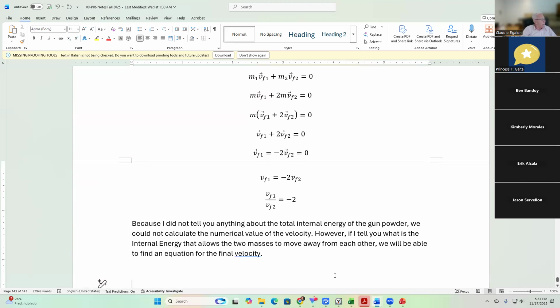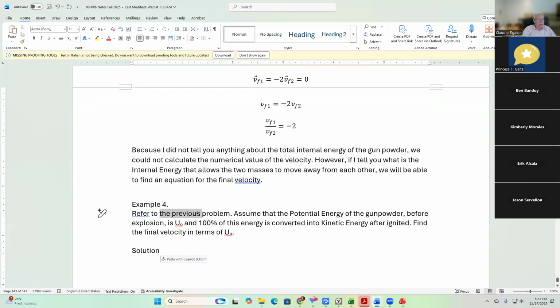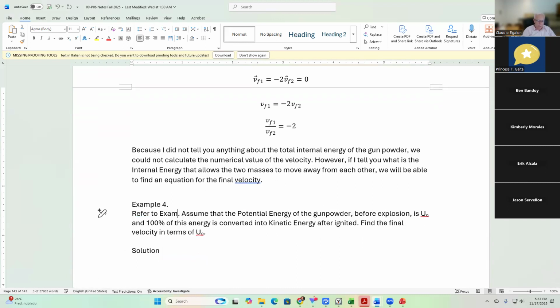How is that? And that's what the next problem is all about. Refer to example number 3.